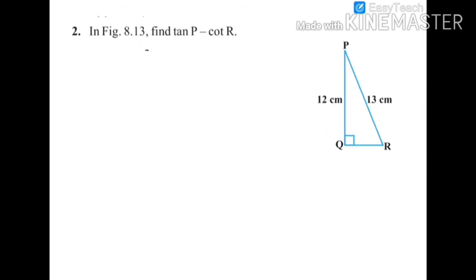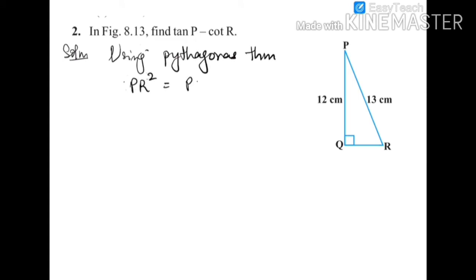Question number 2. In the given figure, find tan P minus cot R. To do this question, we will have to write these ratios. In order to do that, we will have to find the third side QR using Pythagoras theorem. The hypotenuse square, that is PR square, is equal to PQ square plus QR square.